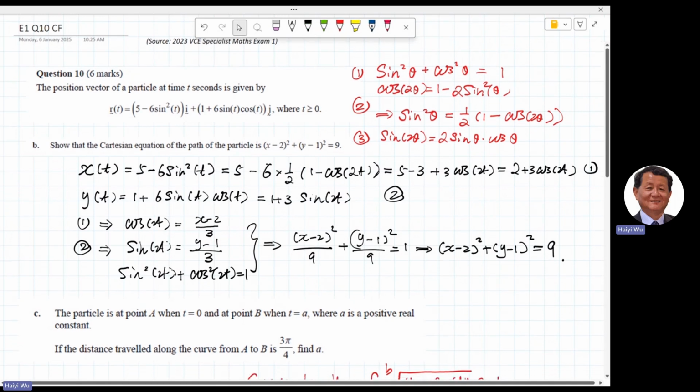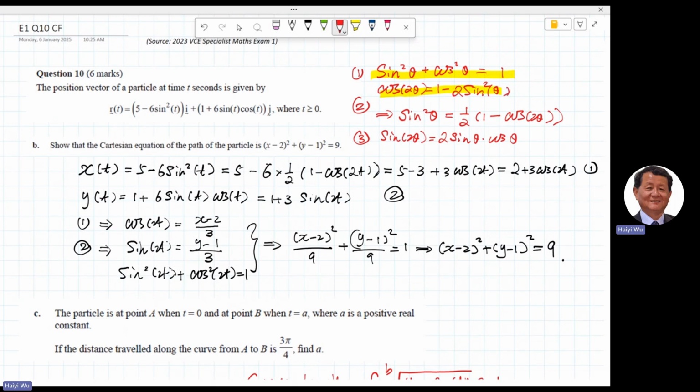The first one is called the Pythagorean identity: sine squared plus cosine squared equals 1. The second one is the double angle identity. Cosine double angle is 1 minus 2 sine squared theta.